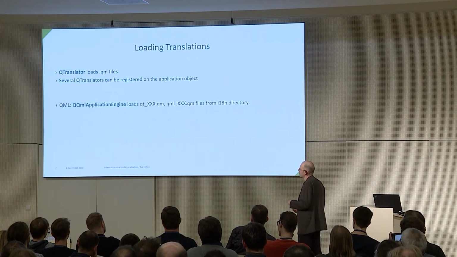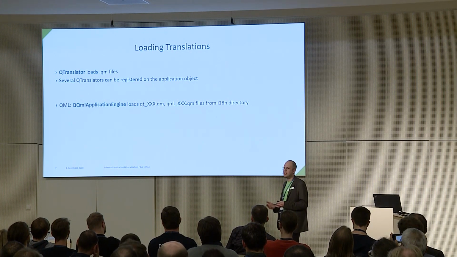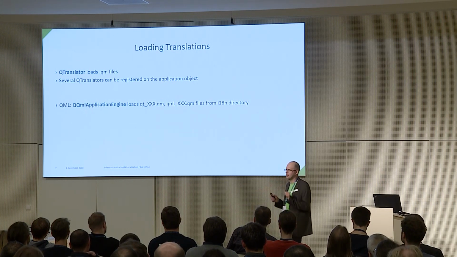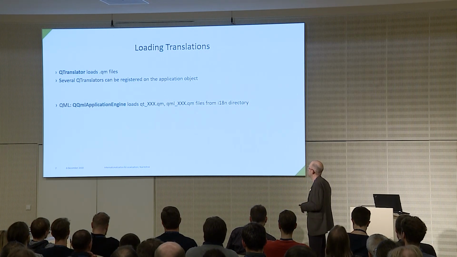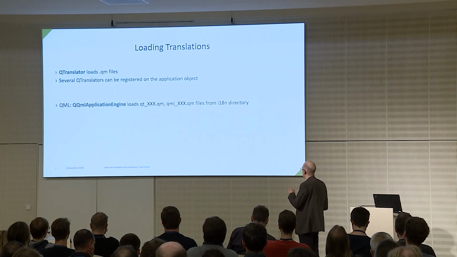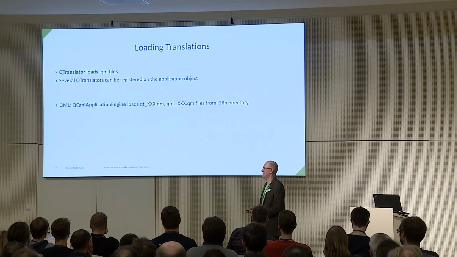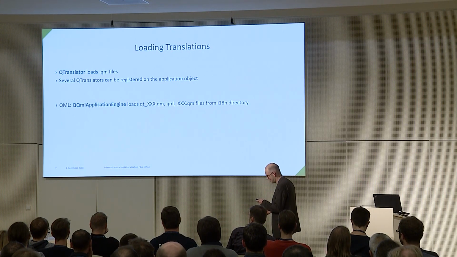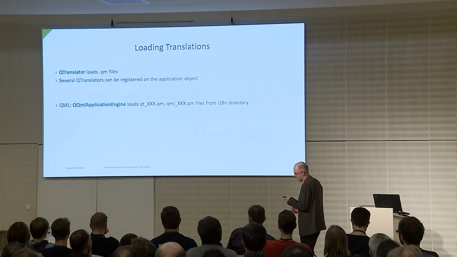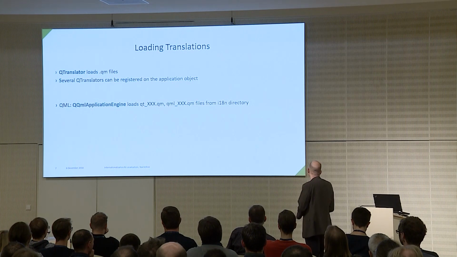On the QML side, you can do the same if you have a C++ entry point, but there is also some magic. If you use QQmlApplicationEngine, it actually tries to automatically load files following a certain pattern from the i18n directory relative to your main QML file. So if you ever encountered that, there is some magic there. Maybe we should have something similar for C++ too, so if you want to have that discussion, come to me afterwards.